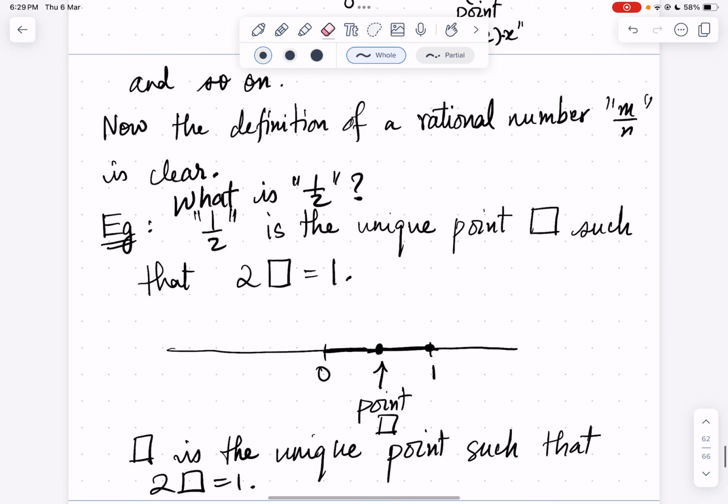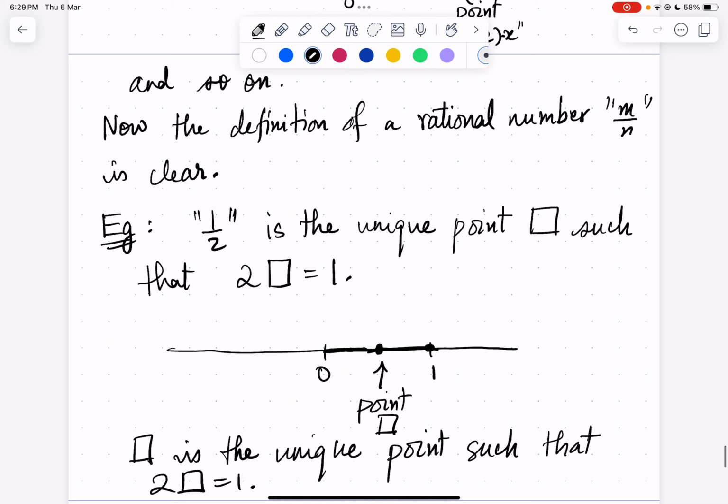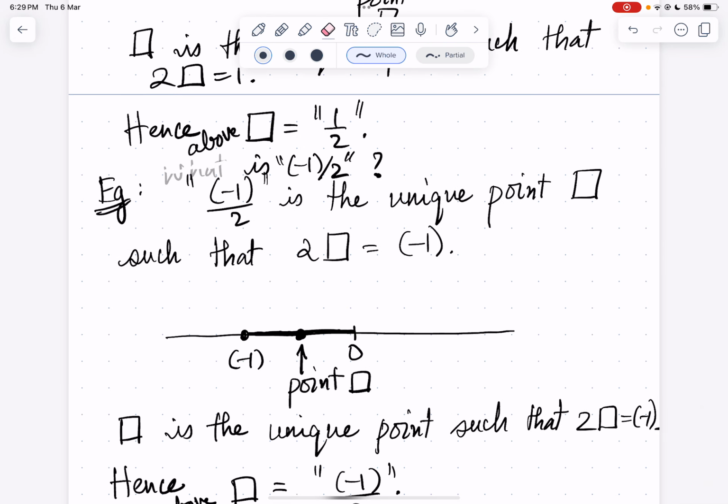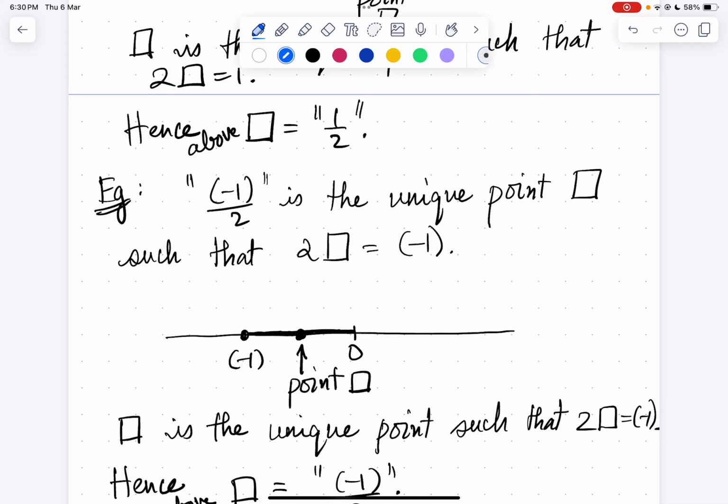Okay, I'll color all the points. What is 1/2? What is in fact -1/2?